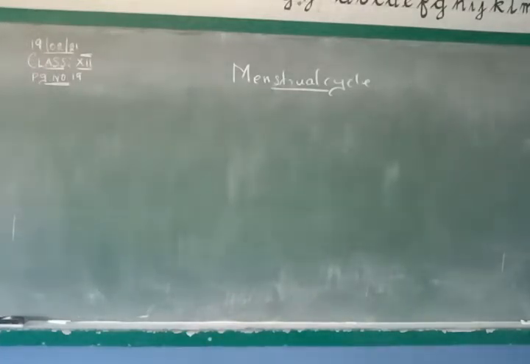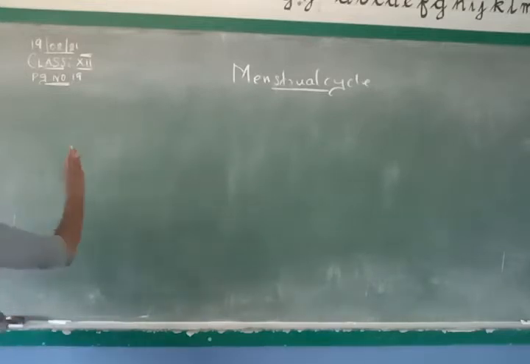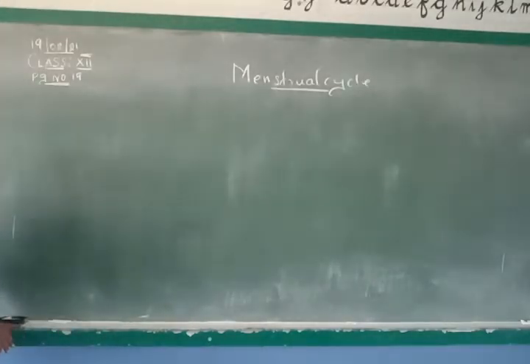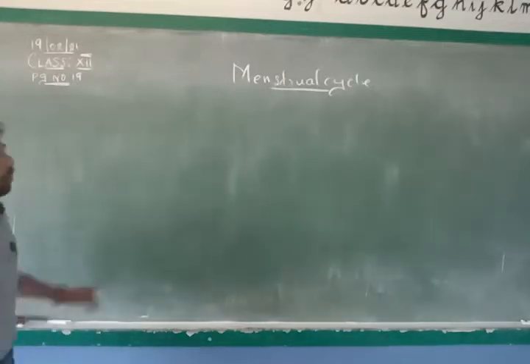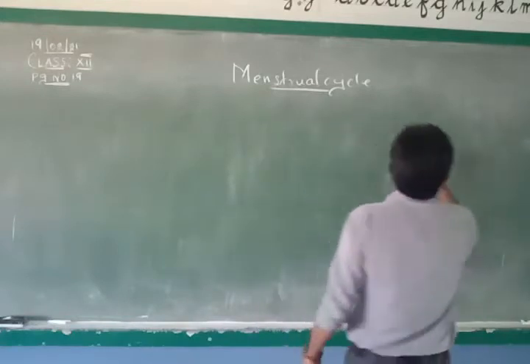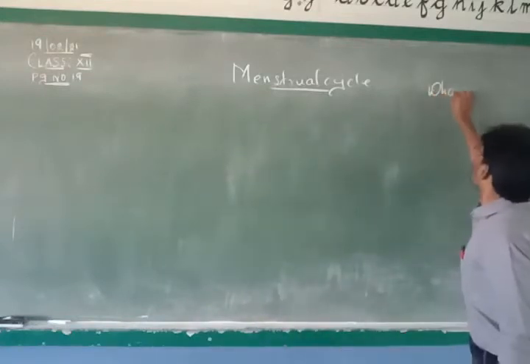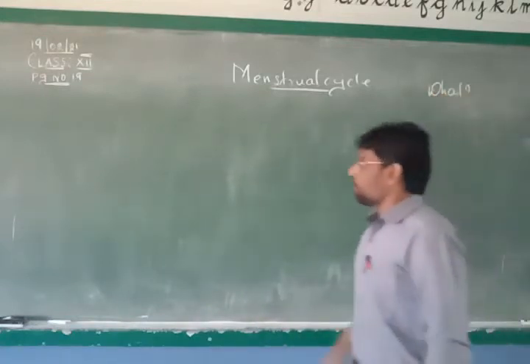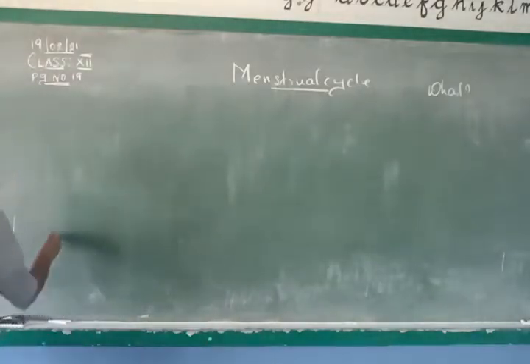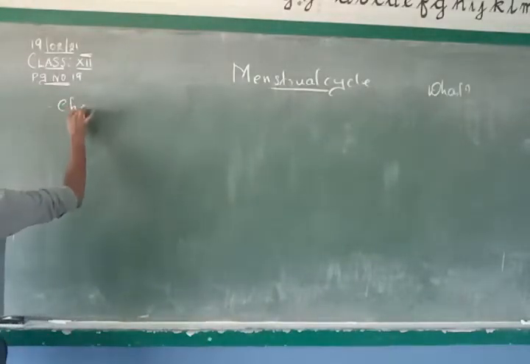Okay, right. Now, whenever you study a topic, you should know why and what about this topic. When you talk about menstrual cycle, what is this menstrual cycle? In menstrual cycle, there are changes that take place.